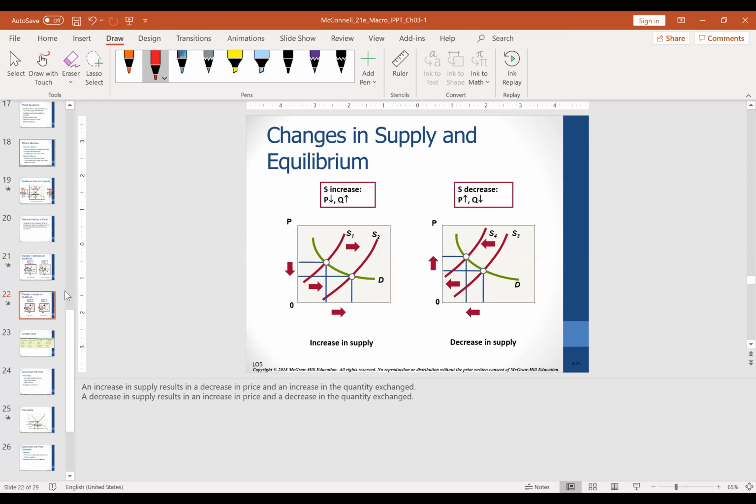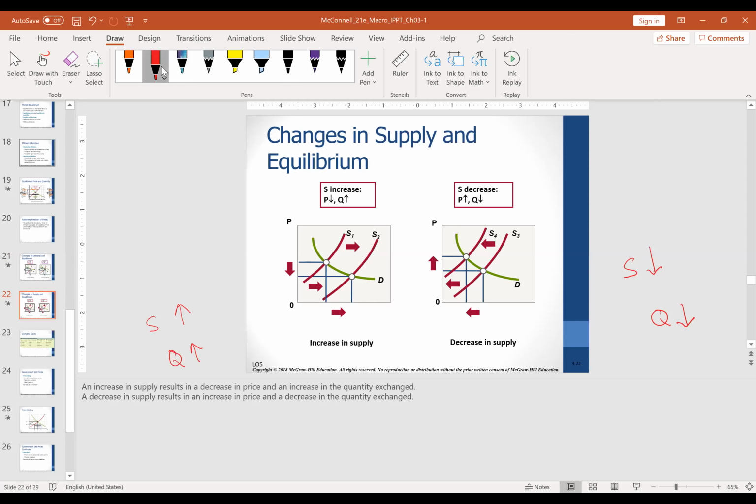Now, what happens when supply increases or supply decreases? When supply increases, quantity increases. When supply decreases, quantity decreases.